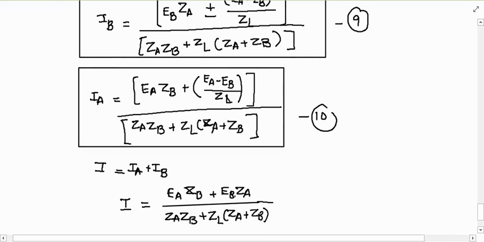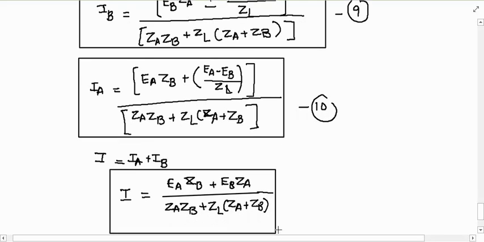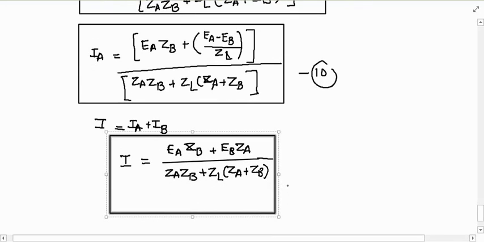So simply we have to add equation number 9 and 10 to get the current I, that is the total load current.